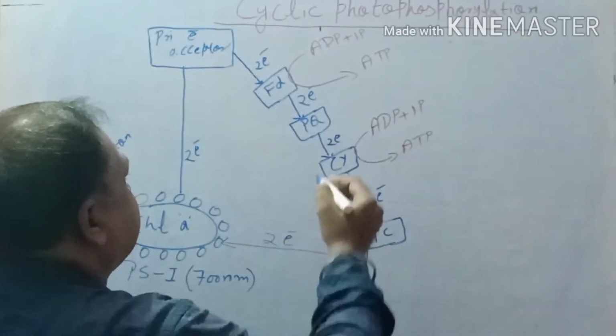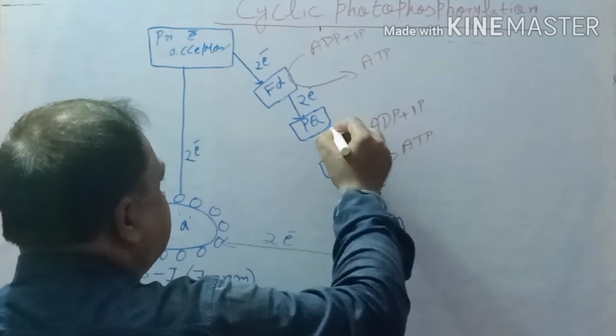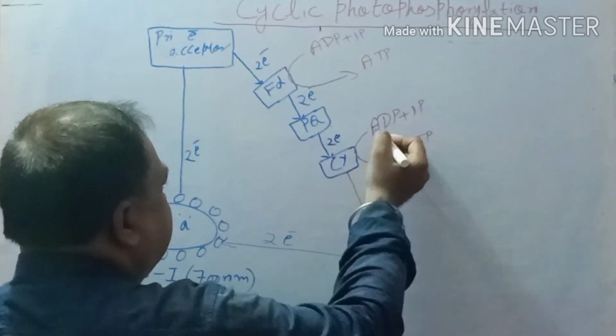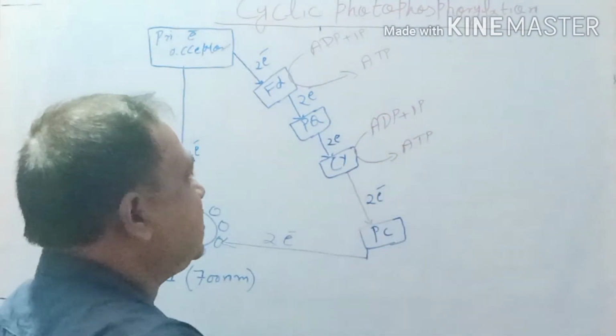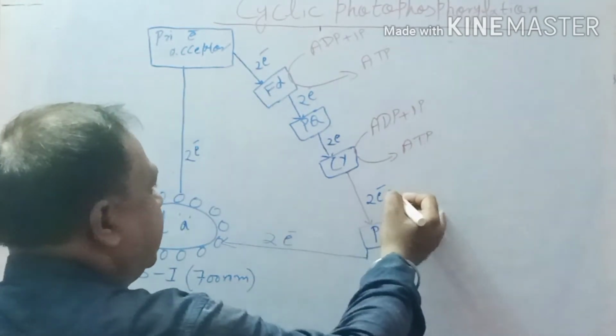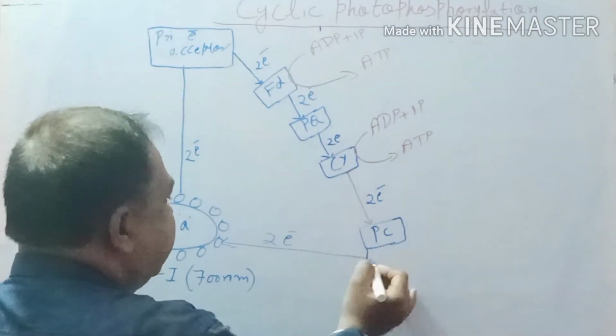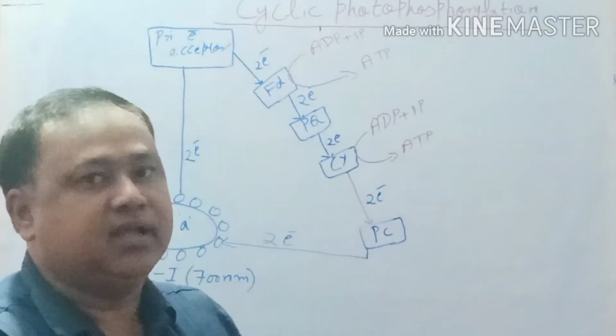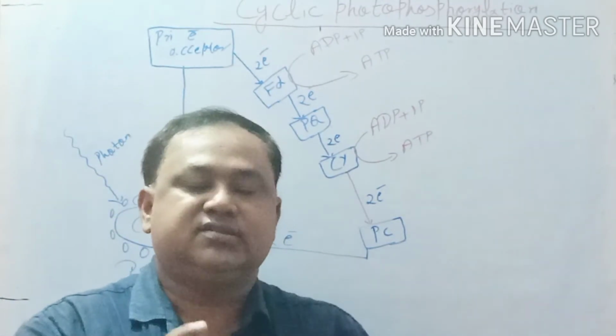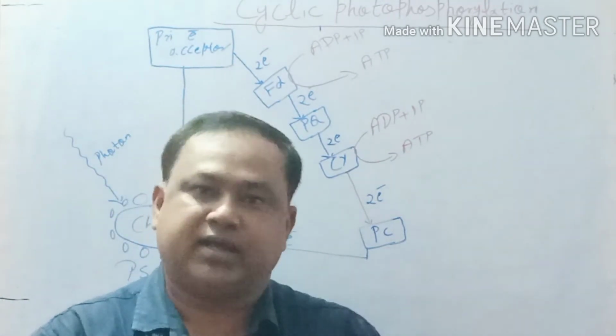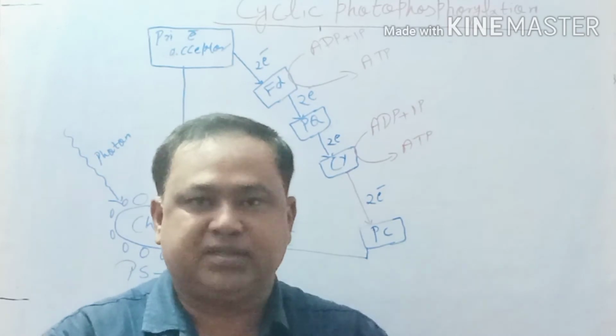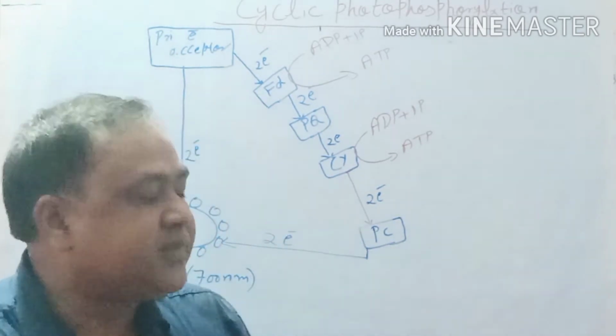After that it goes to plastoquinone, then cytochrome, where phosphorylation also takes place. Then the pair of electrons goes to plastocyanin and returns to the reaction center. Hence the process is called cyclic photophosphorylation, as it takes place in a cyclic manner.